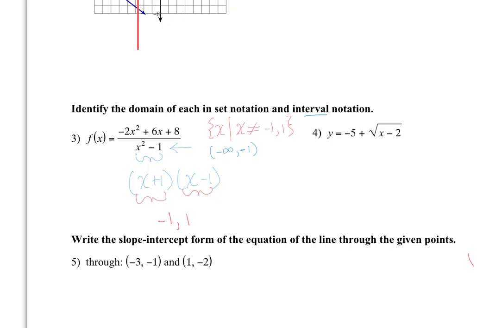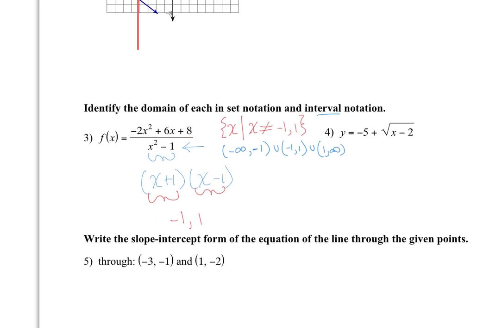So you want to stop at each of those numbers and just kind of walk your way up to +infinity from there. And so that would be set notation or interval notation for something like this one here.